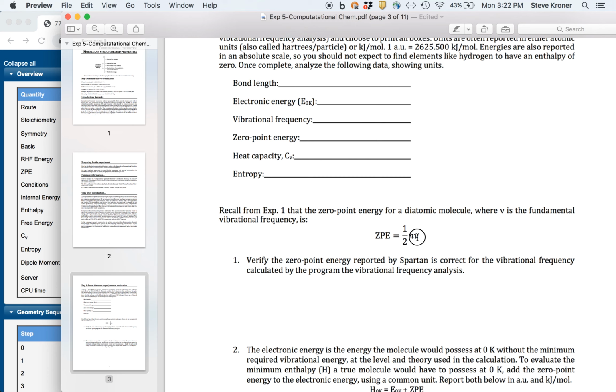So to actually get the nu here, you want the frequency in inverse seconds, so you can multiply by Planck's constant in joules times seconds. So simply take your vibrational frequency in inverse centimeters, convert it to inverse seconds, and then plug that into the equation here.